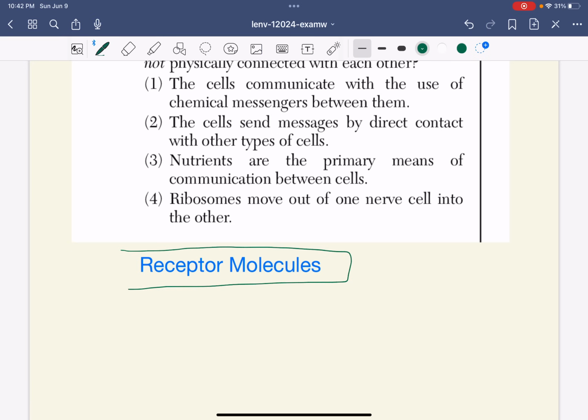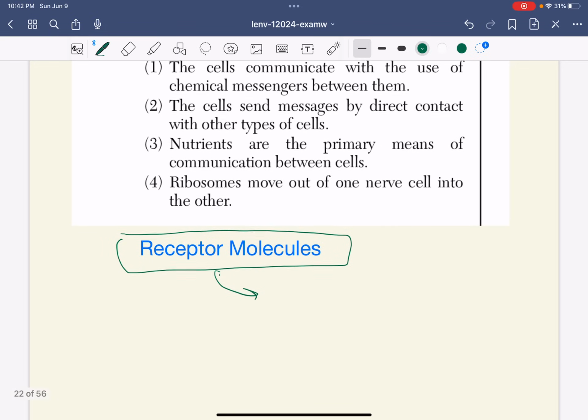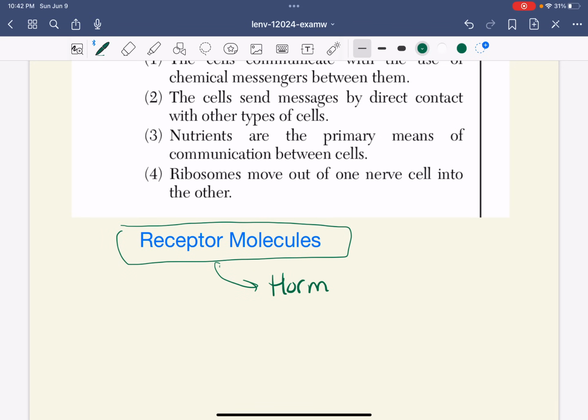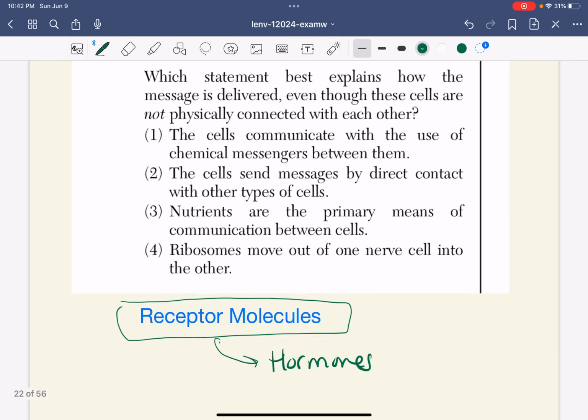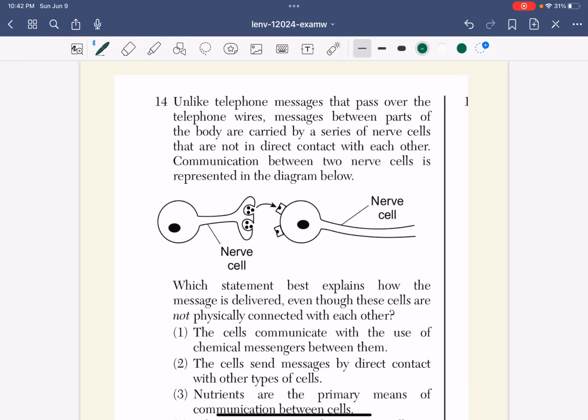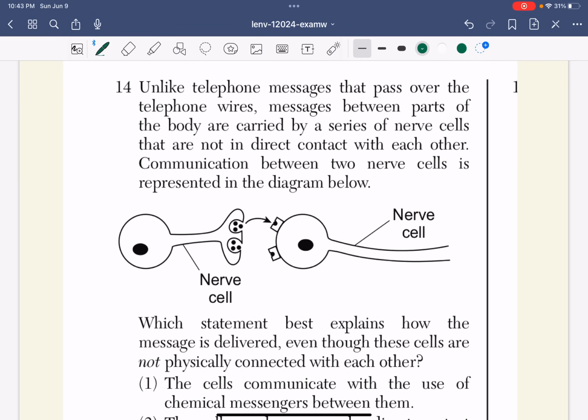Receptor molecules. Receptor molecules are chemicals such as hormones that communicate with your cells, really all of your cells, but this question is very specific to your nerve cells. So let's take a look and see what this question is asking. Number 14.